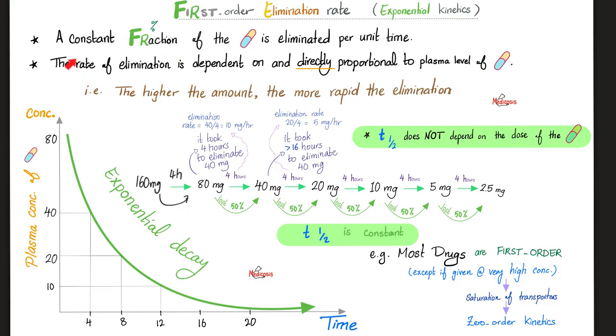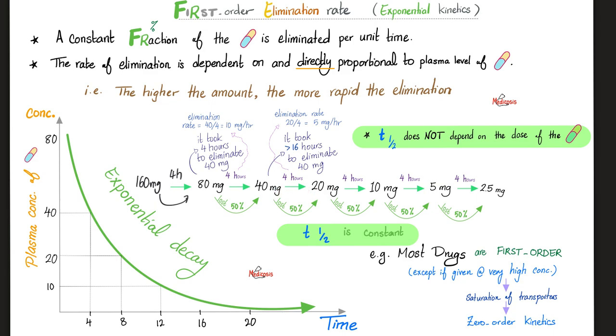So let's try to calculate the elimination rate. Anytime you hear the rate, we know that we are dividing by time. So here, when we went from 80 milligrams to 40 milligrams, we lost 40 milligrams in 4 hours. 40 milligrams over 4 hours is an elimination rate of 10 milligrams per hour. Remember this. Next, let's do the same thing when we decrease from 40 to 20.